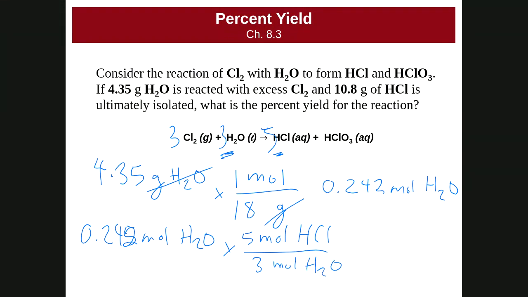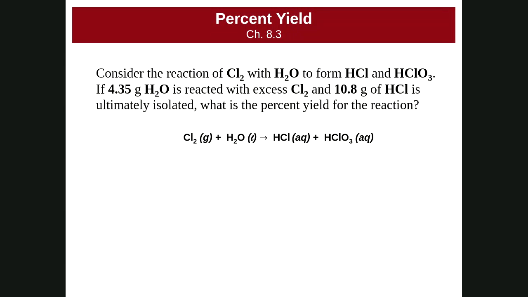So we cancel out moles of water and we end up with 0.403 moles of HCl. All right, so next, I'm going to use again 0.403 moles of HCl.